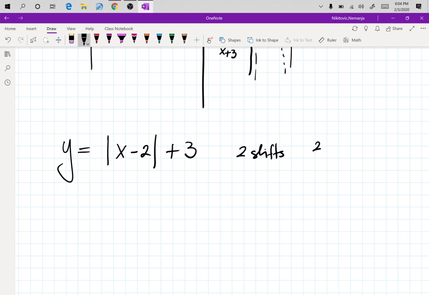It has 2 right and 3 up. See, the 2 is attached directly to x, which means it's a shift left-right, but because it's a minus, it's a shift to the right. This is what we are learning now. So don't panic if you don't know it. You haven't learned it yet, right? We are learning that right now. So pay attention to the new concepts.